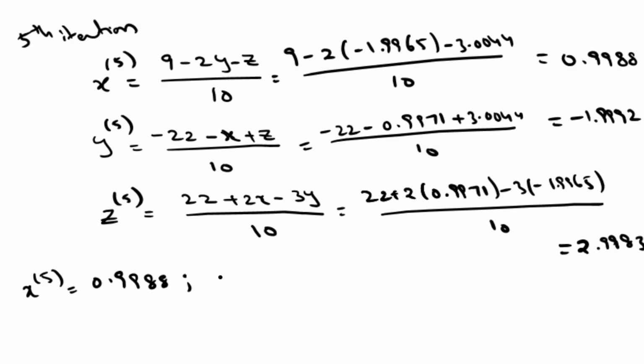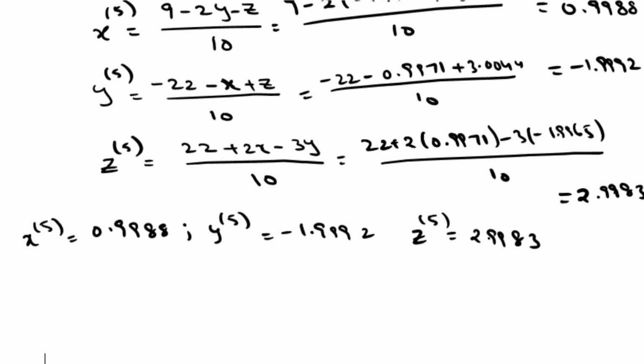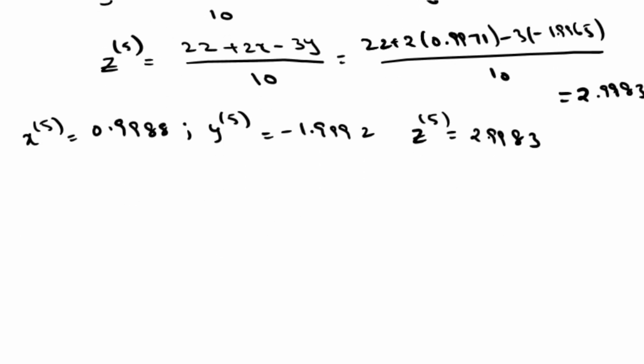Fifth iteration values are x is 0.9988, y is minus 1.9992, and z is 2.9983. Here we will find out the values of x, y, and z in the sixth iteration.